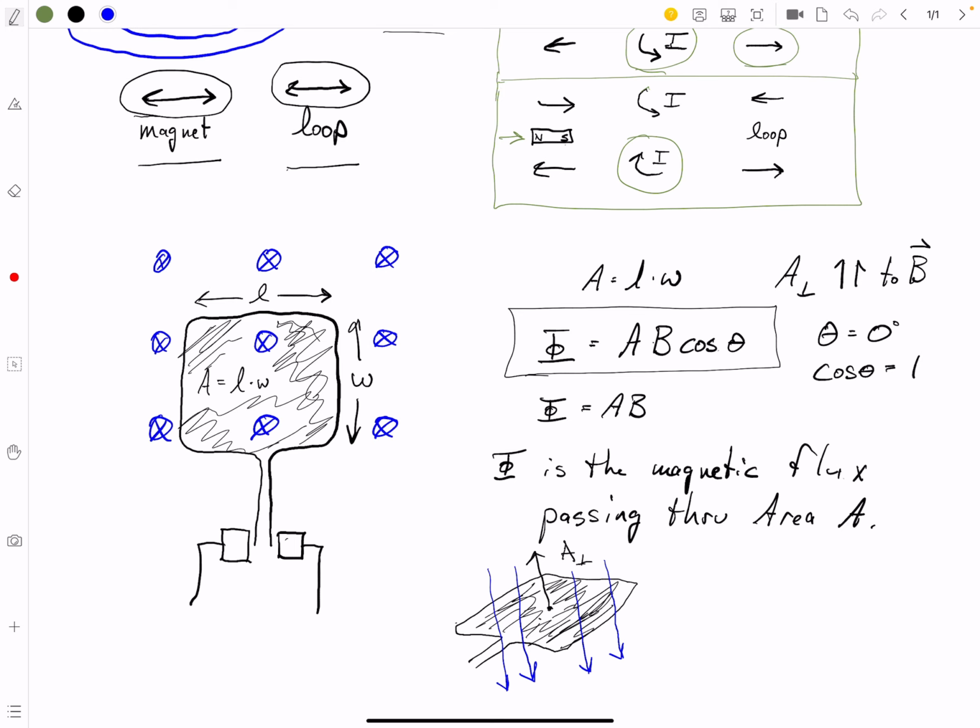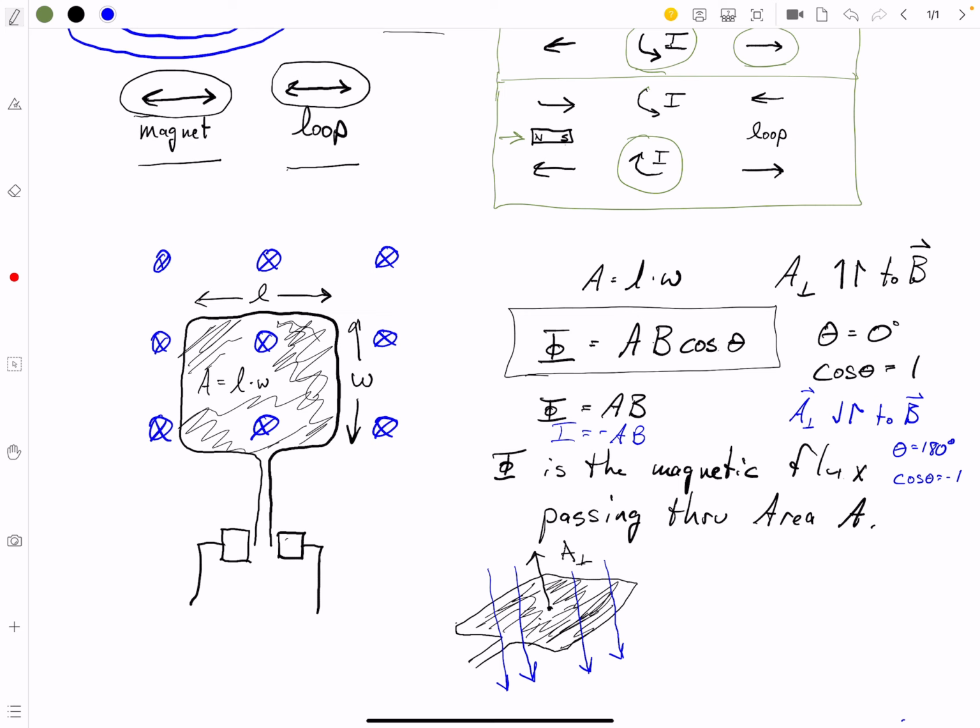Now, whether it's parallel or not, if it's anti-parallel, so if A perp is anti-parallel to B, then it's 180 degrees. Theta is equal to 180 degrees. And then, of course, your cosine of theta is equal to -1. So your magnetic flux would then just be minus AB.